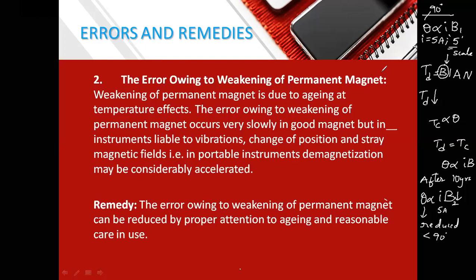I hope this is clear. Let me repeat it once again quickly. We count the error owing to weakening of permanent magnet for a long duration gap. Say, at the time of design, our magnetic flux density of the permanent magnet is B1. After 10 years, say it got reduced to B2.